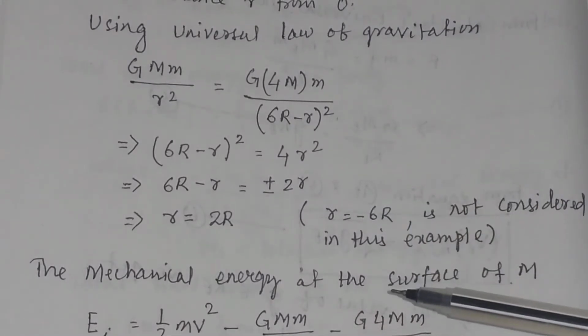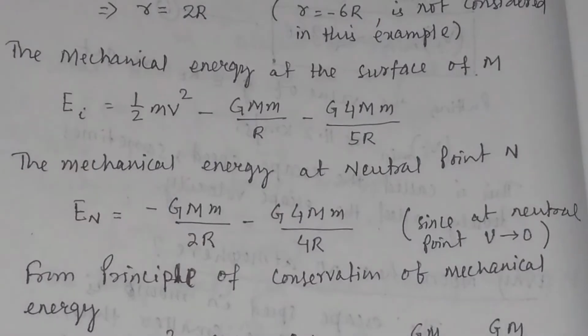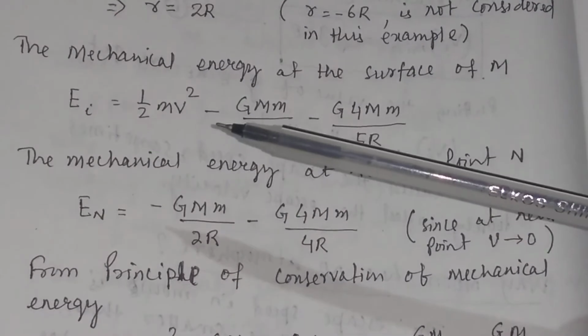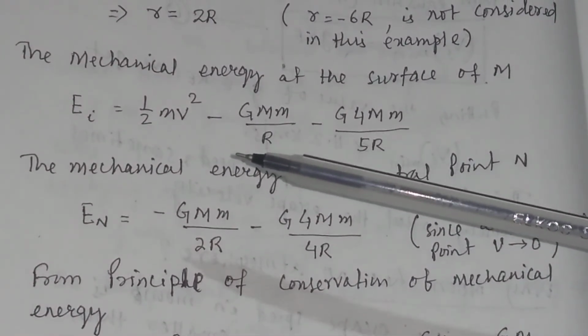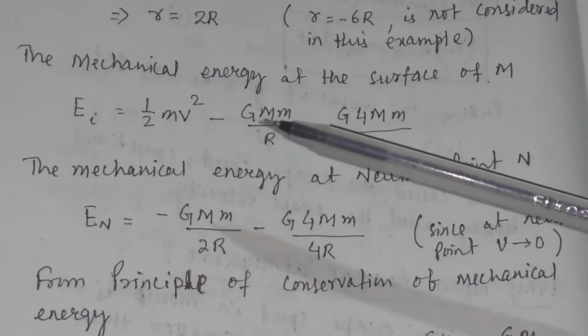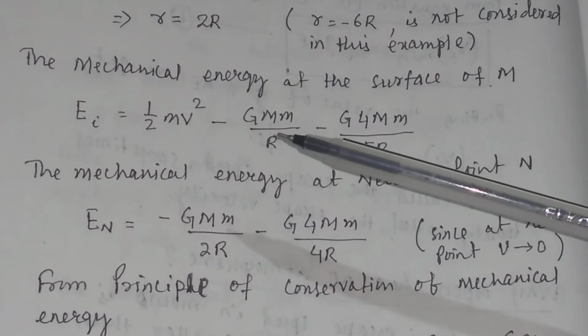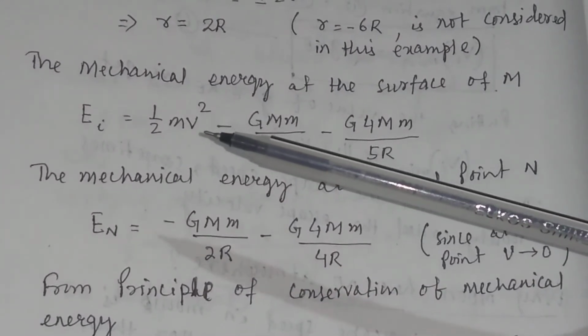And the mechanical energy at the surface of the sphere of mass m is equal to the sum of the kinetic energy and potential energy, and this is the potential energy due to the two masses m and 4m, and this is the kinetic energy.